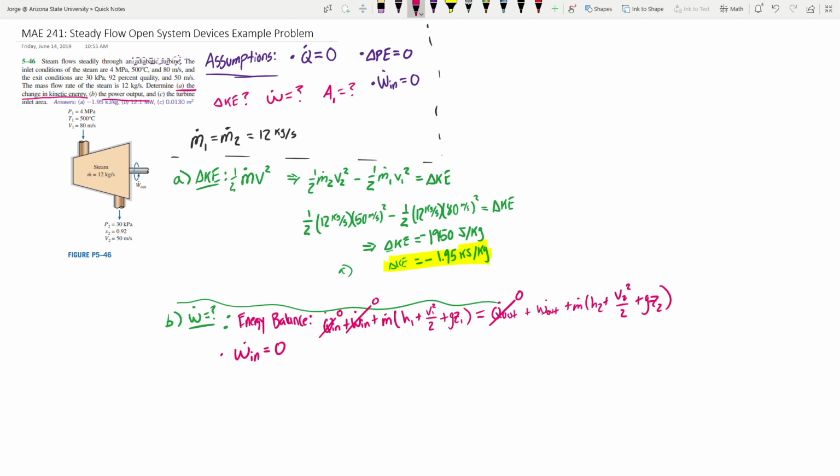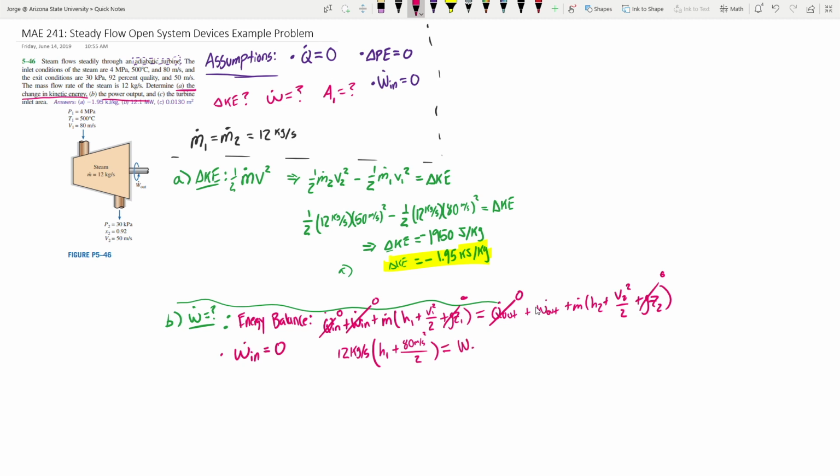And then we can actually evaluate this. We're trying to find W out. So m dot, we know m dot is 12 kilograms per second. H1 we don't know, so let's leave it as an unknown for now. V1, 80 meters per second squared over 2, and the potential energies are negligible.